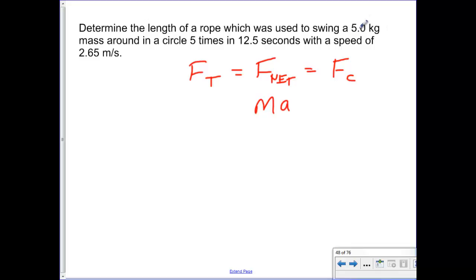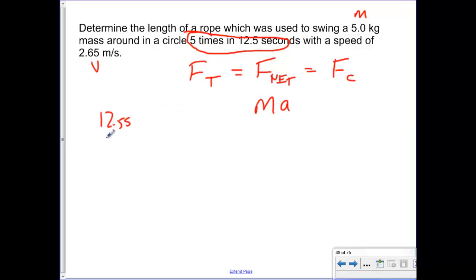So let me walk through this here. We have a mass. We also have a velocity. And this guy right here, what's this information going to be? That's your frequency. Good job. If you go around the circle 5 times in 12.5 seconds, how long does it take to go around once?